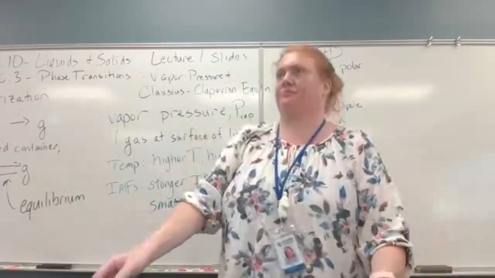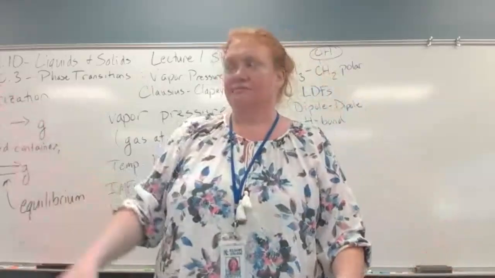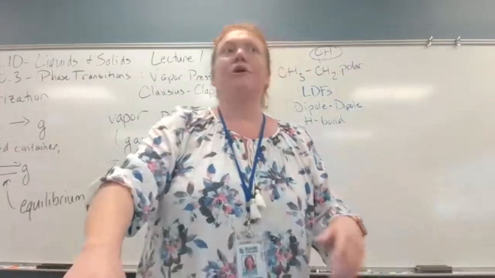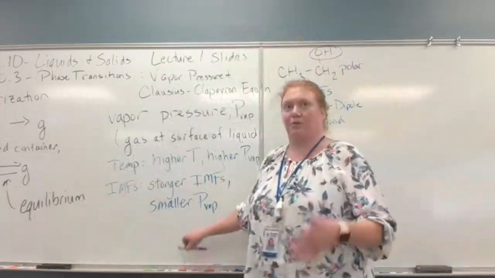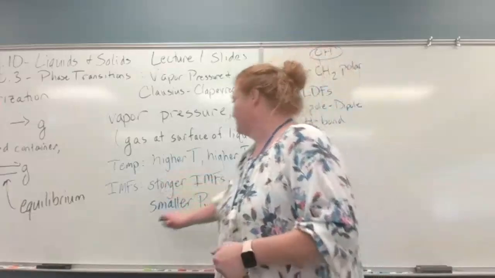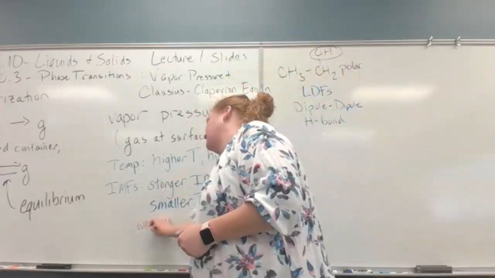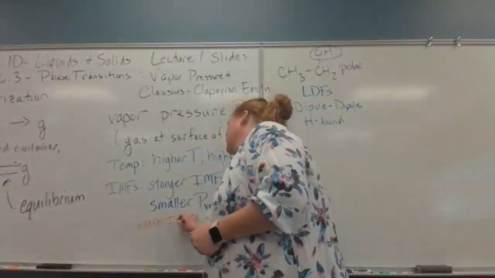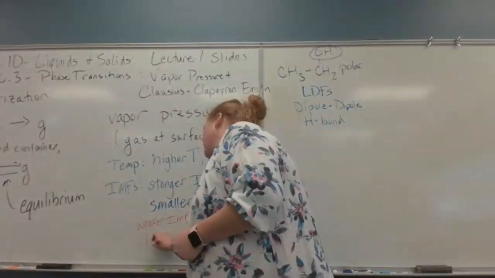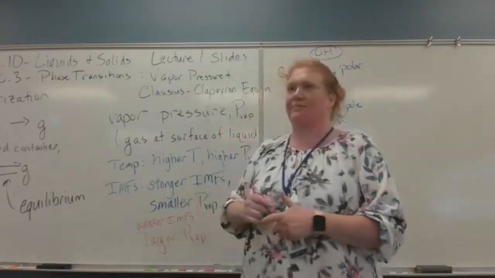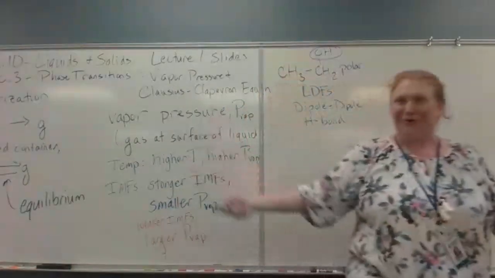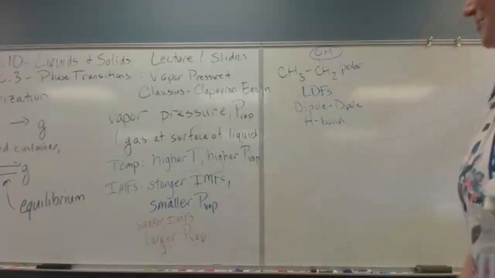But these are liquids. So we wrote this statement, maybe we need to write the inverse statement. What's the inverse statement of this? Weaker IMFs means larger vapor pressure. Okay, so now that we got that straight, which one of the four should have the highest vapor pressure?